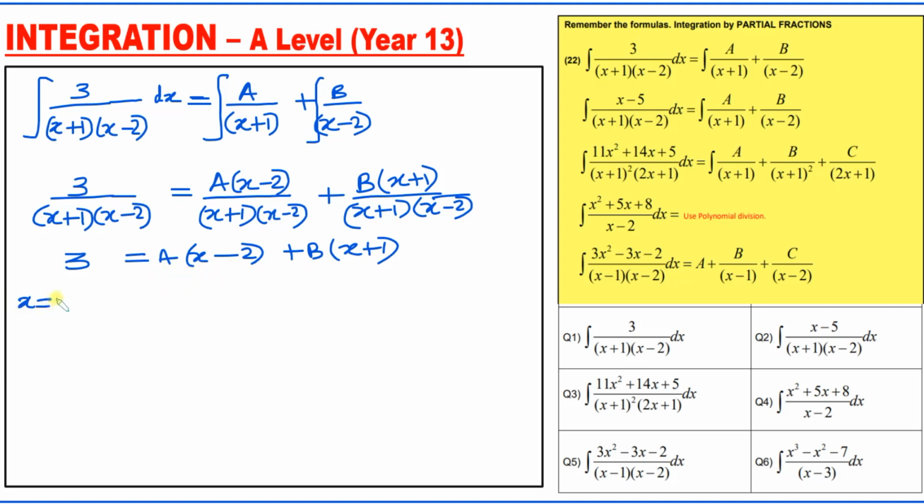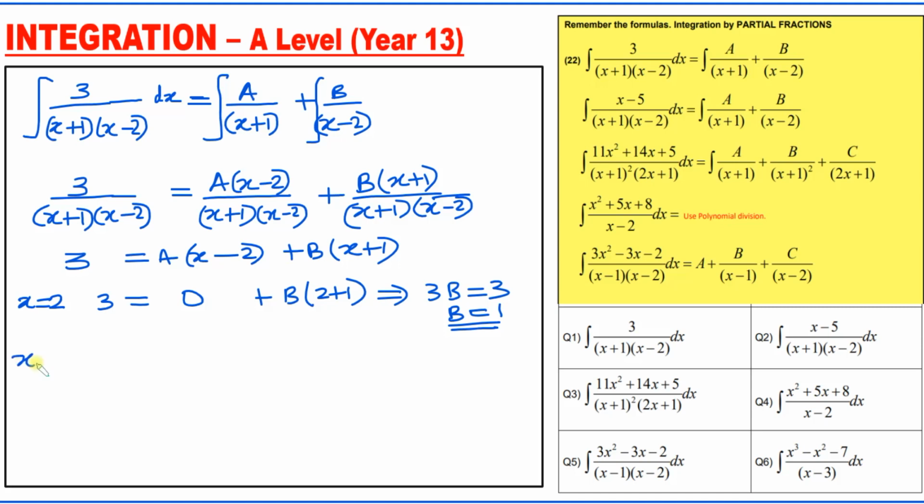When you substitute x equals 2, this becomes 0 and the next is B times (2 plus 1), which is 3B, so 3B equals 3 and then B equals 1.